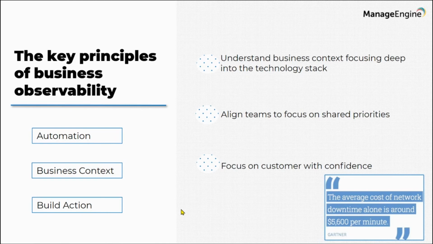Focusing on the customer is most important, because the average cost of application downtime or network downtime is around $5,600 per minute as per Gartner. So it's not only based on revenue.